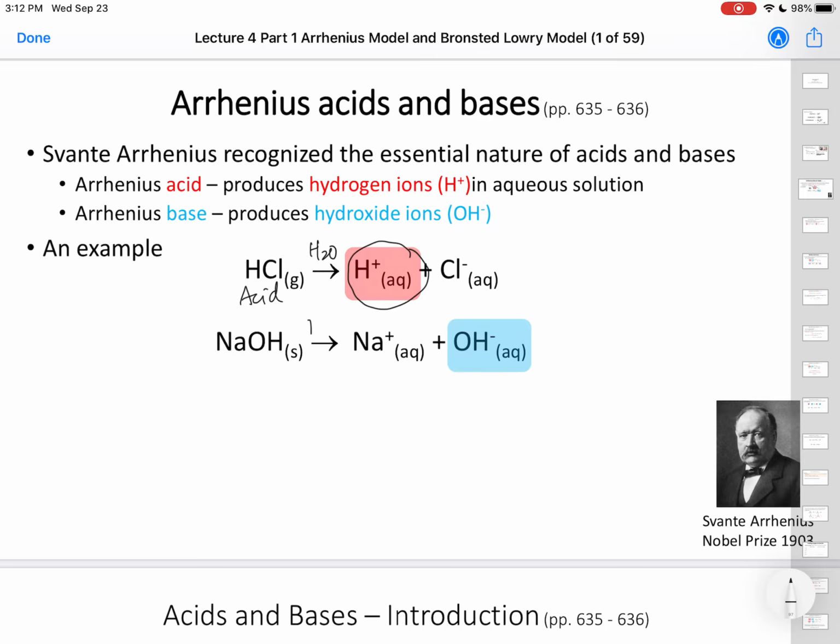When you dissolve solid NaOH in water, it forms Na+ and OH- as separate ions in solution. And because it does produce OH-, or hydroxide, in aqueous solution, NaOH is called a base. So under this model, it's very simple. Arrhenius won the Nobel Prize in 1903 for his work on ions in solution.